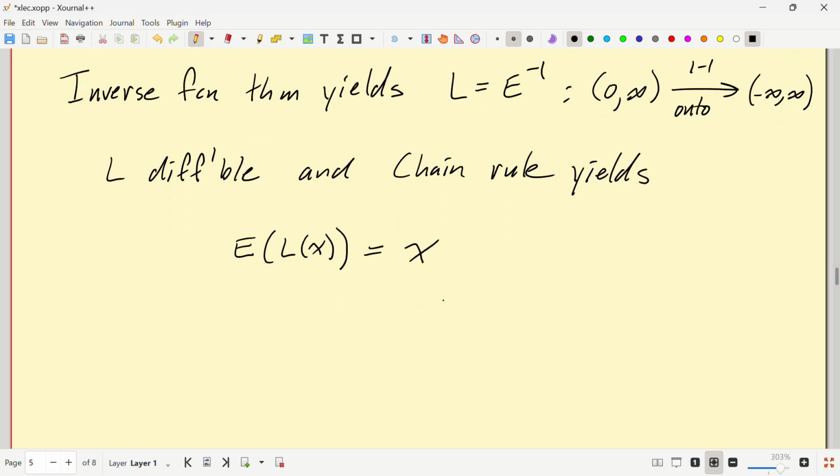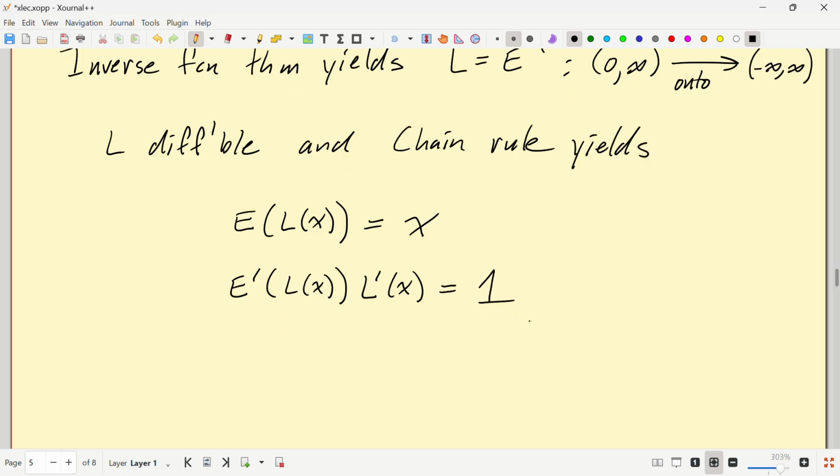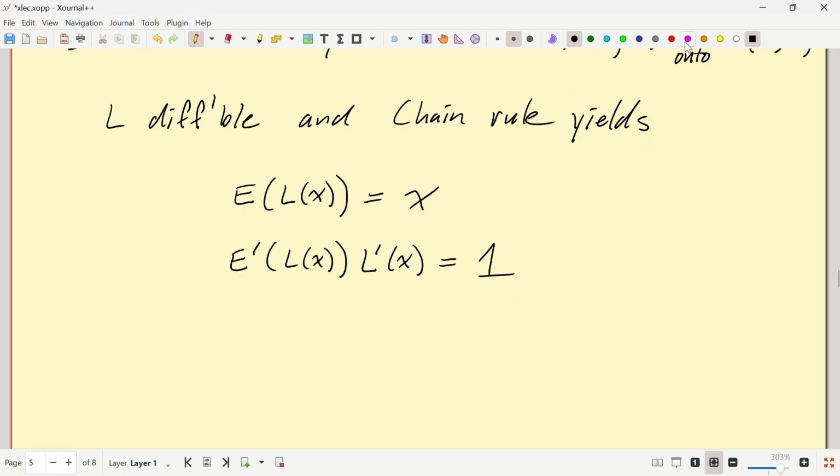When I differentiate that, I would get e prime of L of x times L prime of x equals 1. And e prime is itself, so this is e of L of x. And of course, these things are inverses of each other, so e of L of x is x. And so we get that L prime of x is 1 over x.